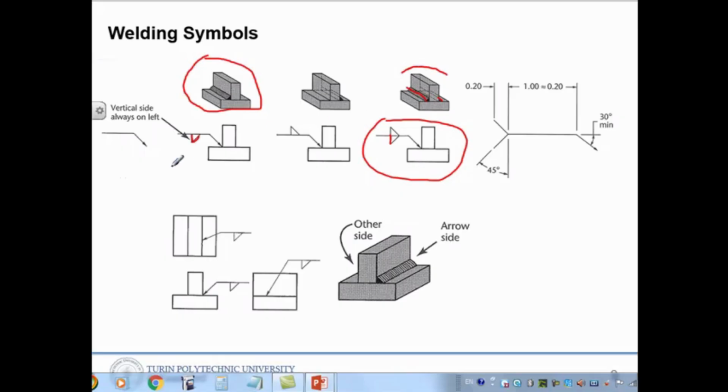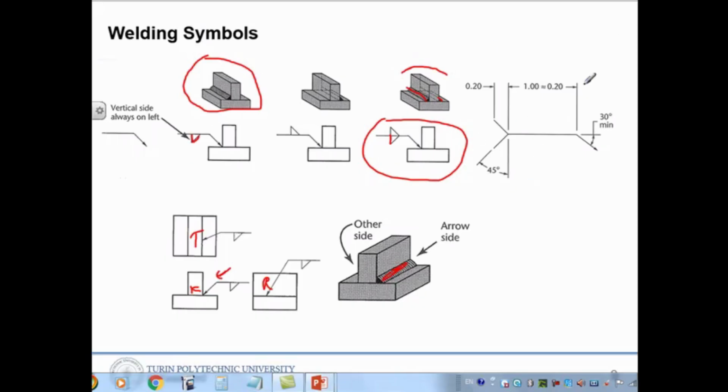Okay, so another thing is, here it is shown by the third angle projection method, front view and top view here, and that is the right hand side view. That's American style. So that's why it's shown like this, only one side, so that side should be welded. Okay, that is the other side, that's the arrow side.